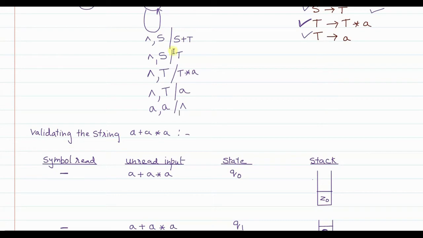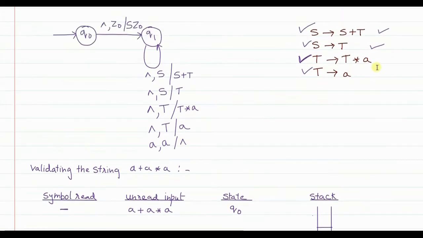So suppose the topmost element of the stack is a terminal. That time you check the input symbol, and suppose the input symbol is also A. See, all this time I had not been reading the input symbol. Why? Because on the top of the stack there was a non-terminal. But now suppose the stack top element happens to be a terminal. That time I read the input string, and if it is the same, then we cancel them and pop the element out. Okay, so this is regarding A.